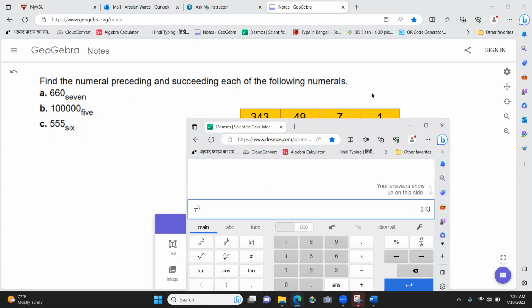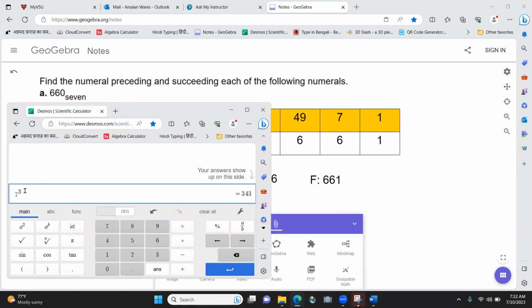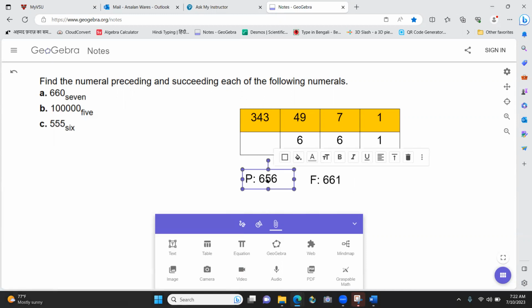Okay. So what I'm going to do, guys, I'm going to first find this number 660 to the base 7. Then I'm going to actually find these 3 numbers, the one I got. I should actually write base 7 here.